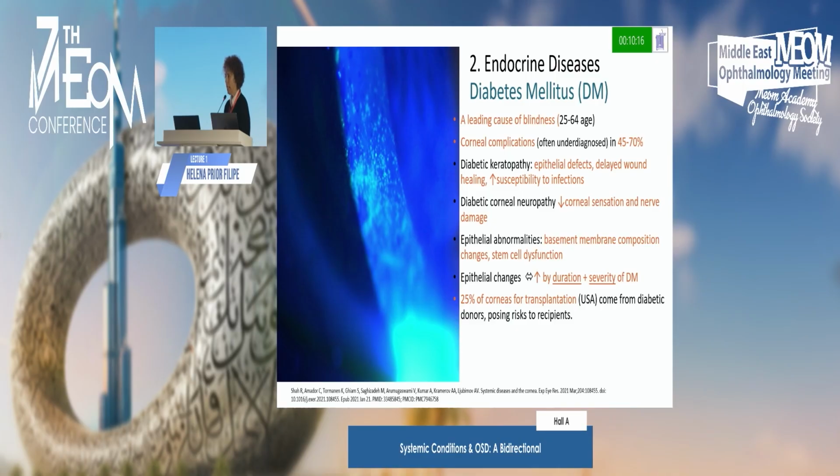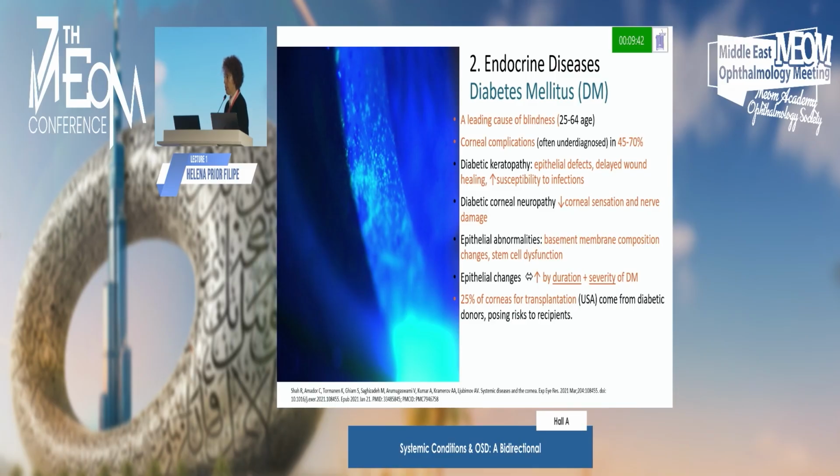Diabetic keratopathy is associated with epithelial defects, sometimes difficult to heal, delayed wound healing, and increased susceptibility to infections. Diabetic corneal neuropathy is associated with a very important decrease of corneal sensation, and nerve damage.